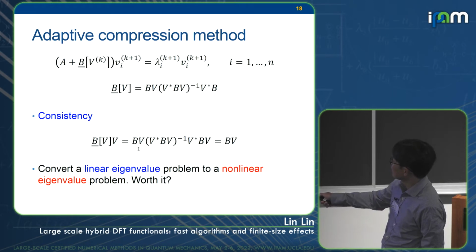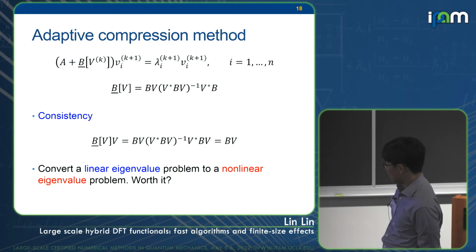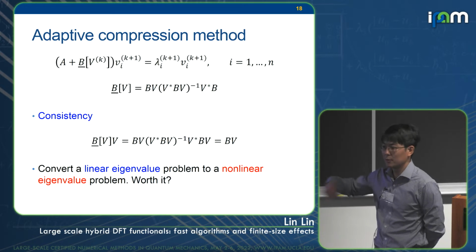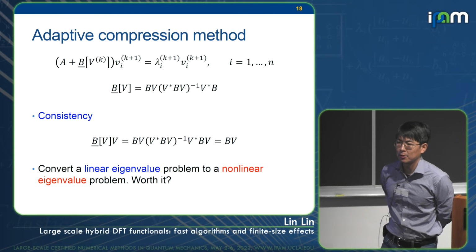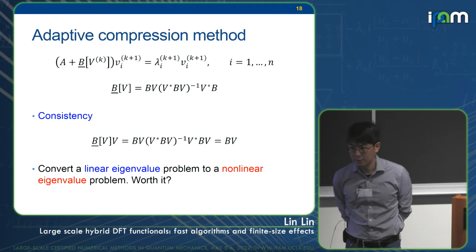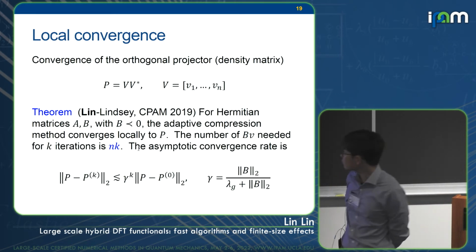So you see, these indices are different. What you can think here is that when going from k to k plus 1 iteration, you're just doing a fixed point iteration. You can, of course, accelerate that with DIIS or some other things, but fixed point iteration turns out to be good enough for analysis.